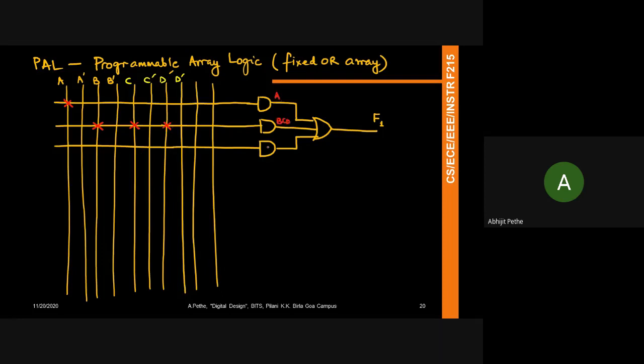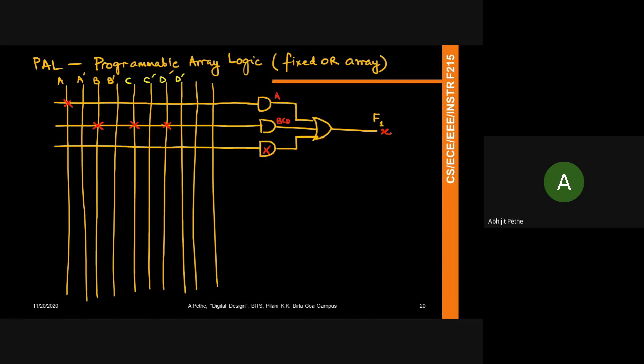The third AND gate I don't need to use. Here is a problem where I have a third AND gate, but I'm not using it. So I will just say that I'm not using this AND gate. What I'm getting out here is the function X. So I've generated X by just programming. Here again, you don't have the flexibility.